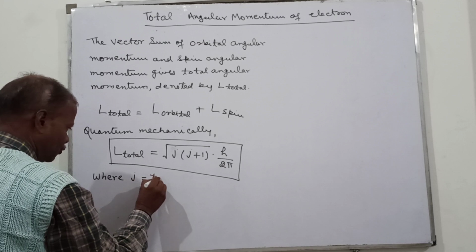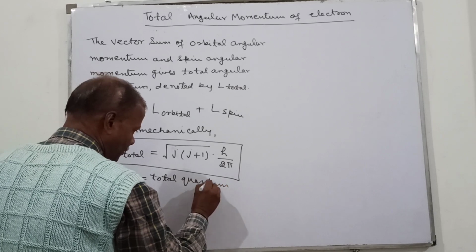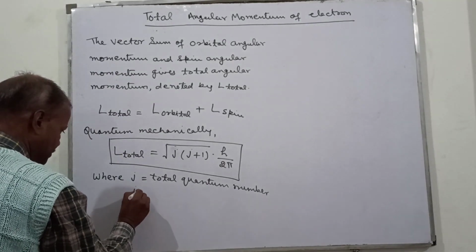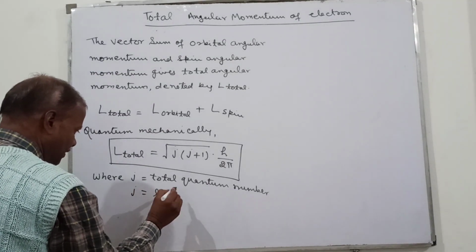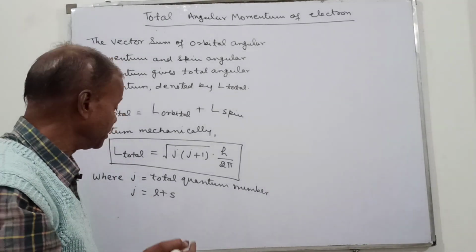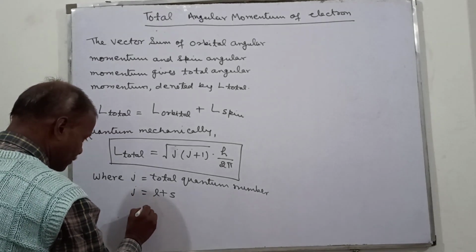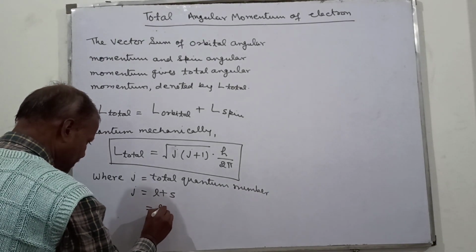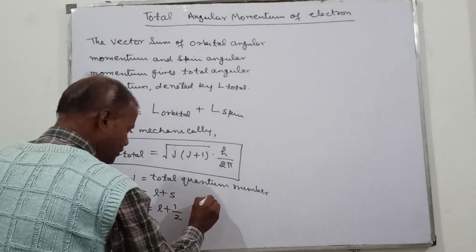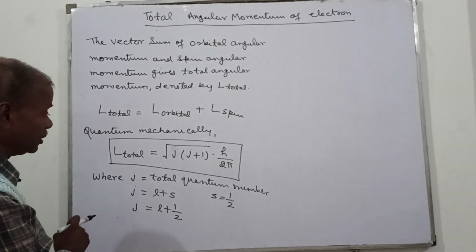J is equal to L plus S, where L is the orbital quantum number and S is the spin quantum number. So J is equal to L plus half, since S is equal to half. This is the total quantum number, not the total angular momentum.